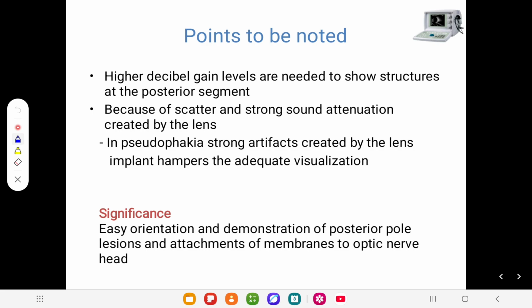In pseudophakia, a strong artifact created by the lens implant hampers adequate visualization. That's why a higher decibel gain is needed.